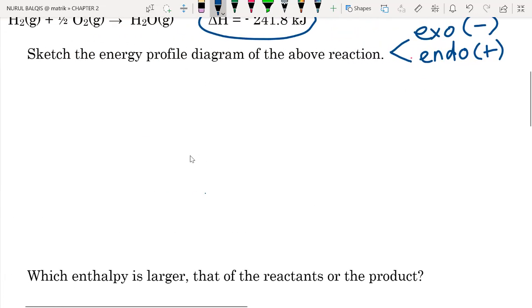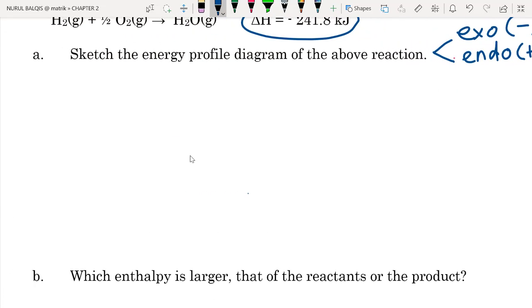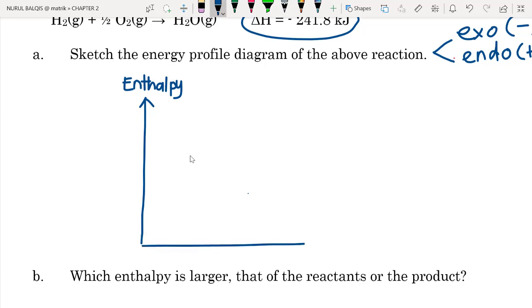In order to draw this energy profile diagram, you must first start with your Y and X axis. So the Y axis is going to be enthalpy, while the x-axis is going to be the reaction progress.